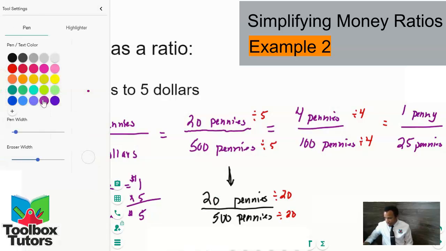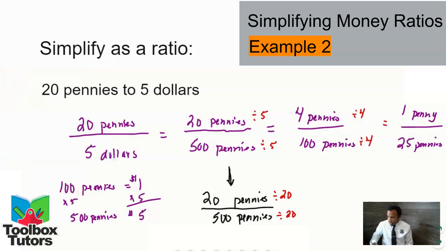So if you divide both of these by 20, 20 divided by 20 does give you 1. So that's 1 penny on top, over. And 500 divided by 20, it takes 5 groups of 20 to go into 100.